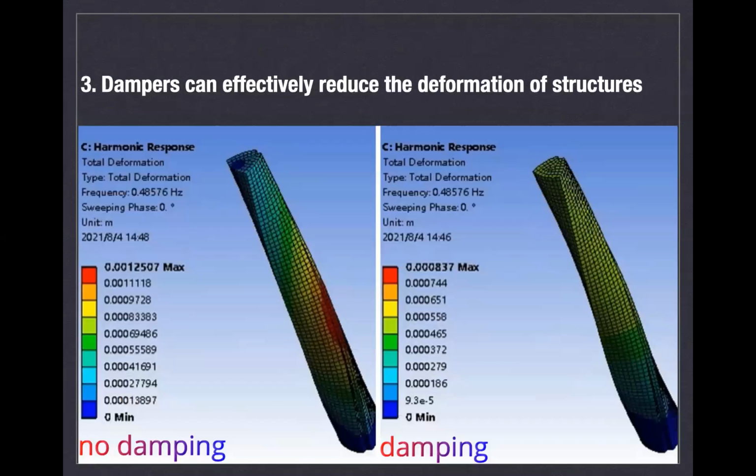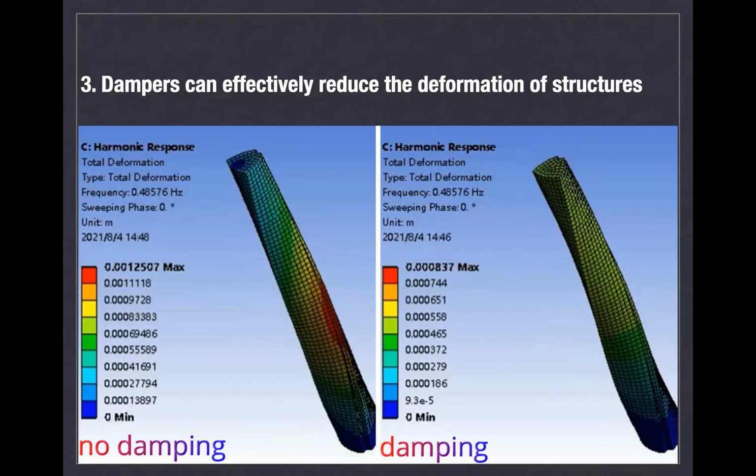We originally planned to add a damper to the model, but we don't have time to figure out how to make it. So we just replaced the material of the whole building, and we set the damping ratio as 0.8. These two figures clearly show that after adding damping, the structural deformation under the harmonic response analysis is significantly reduced.